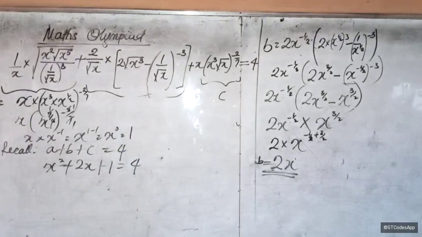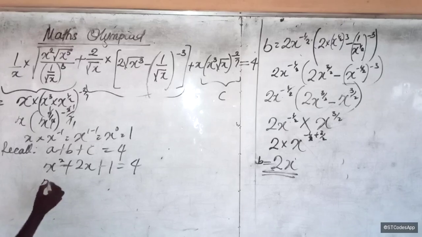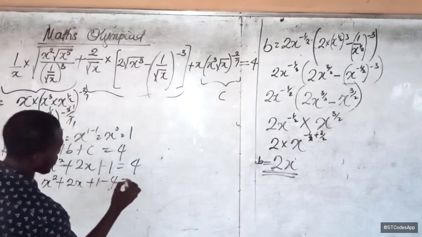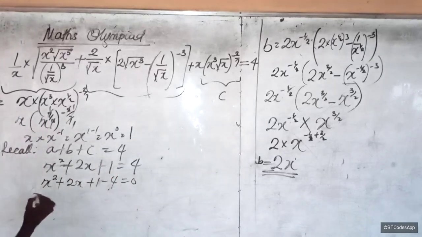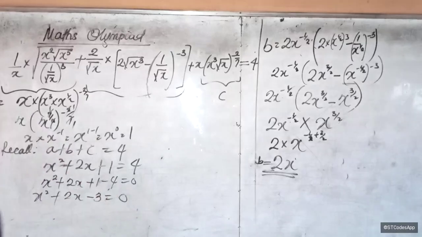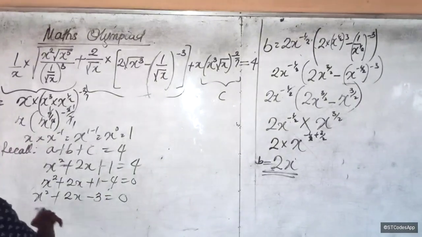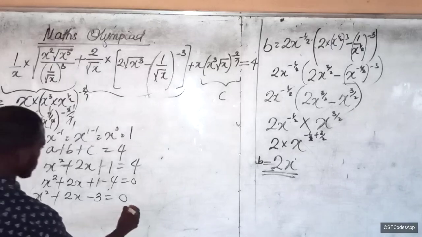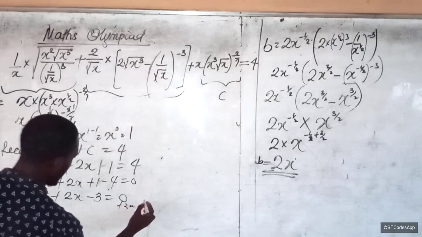So here, we're going to bring the constants together, so that we have x squared plus 2x plus 1 minus 4 is equal to 0. And we have x squared plus 2x minus 3 is equal to 0. So what do we have here? By factorization, we will know that what works here is plus 3 and minus 1.